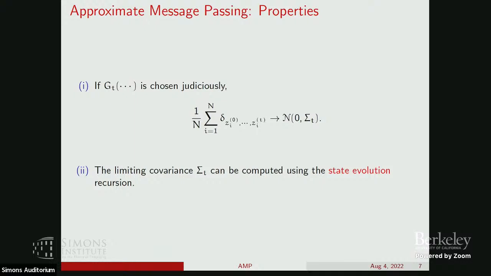And what is even more special is that typically these covariances can be explicitly described using a recursive procedure that is known as the state evolution. Ahmed already covered this in the very special case of the symmetric Wigner or Gaussian matrix in his tutorial.